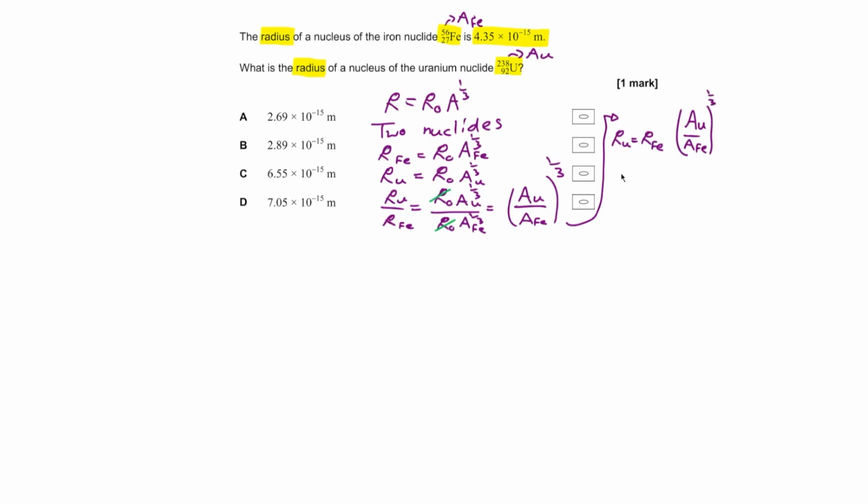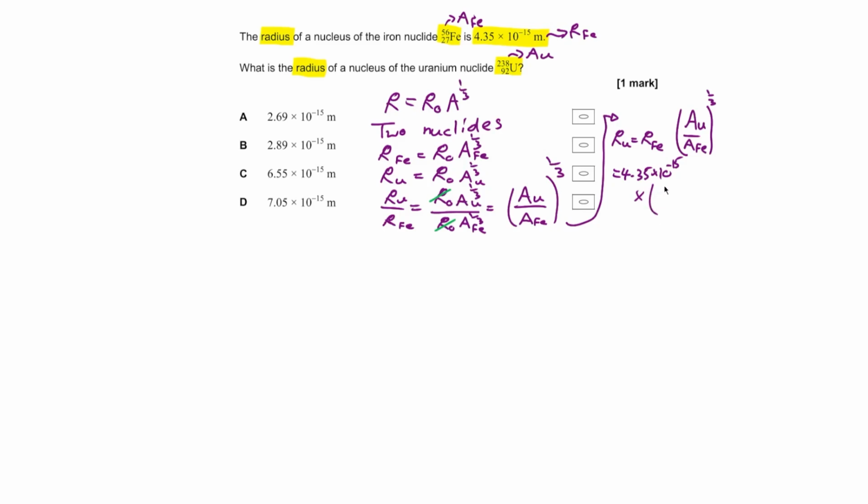Substituting numbers in then, we find that this is equal to 4.35 times 10 to the minus 15, so taking R Fe from up here as the radius of the iron nuclide, multiplied by the nucleon number of the uranium nucleus, divided by the nucleon number of the iron nucleus to the power of a third.